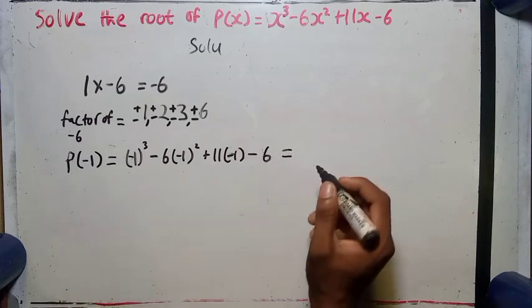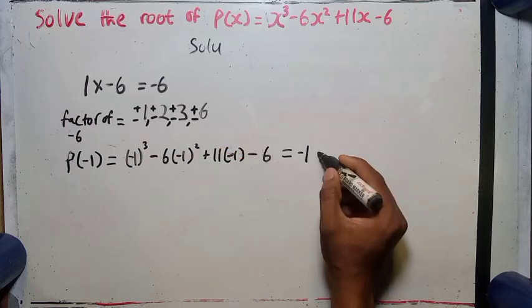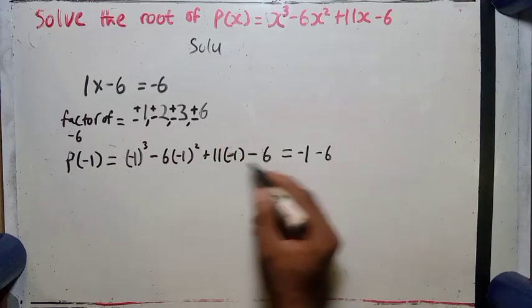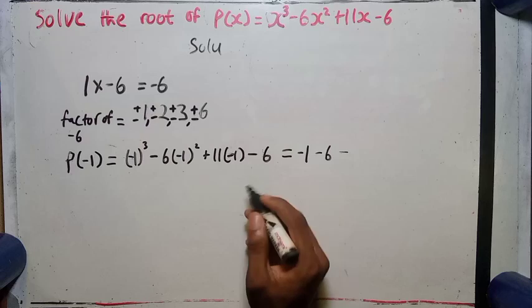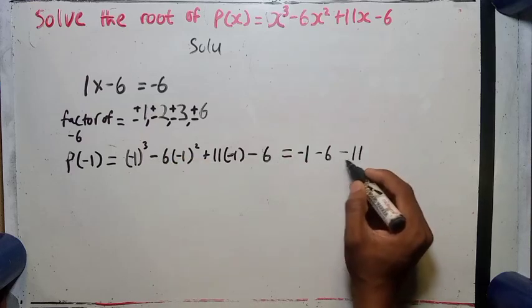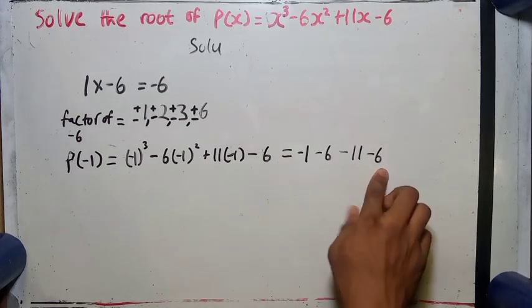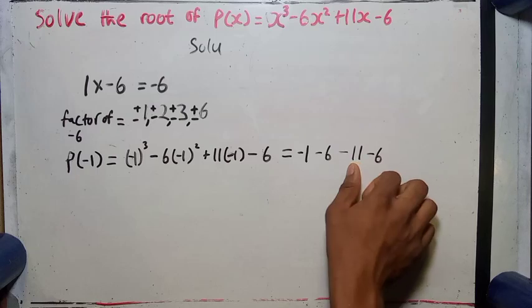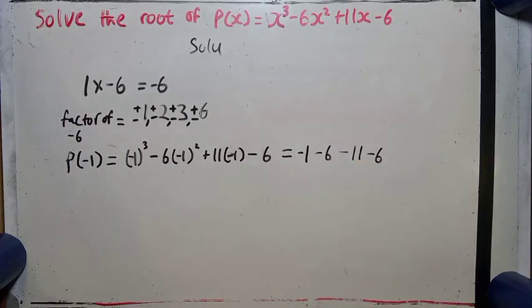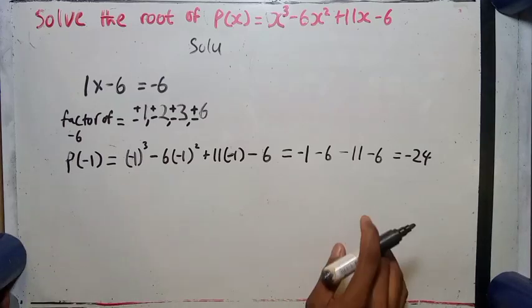You can decide to use a calculator at this point. So this is -12 -11, that is 23. 23 plus 1, that's 24. So -1 is not what we're looking for.